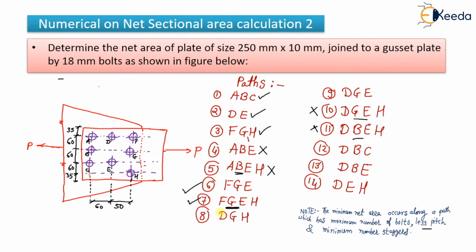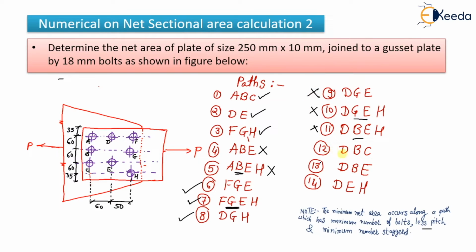Then DGH, one stagger and minimum pitch, even this can be calculated. Then DGE, two staggers, you cannot take this one.